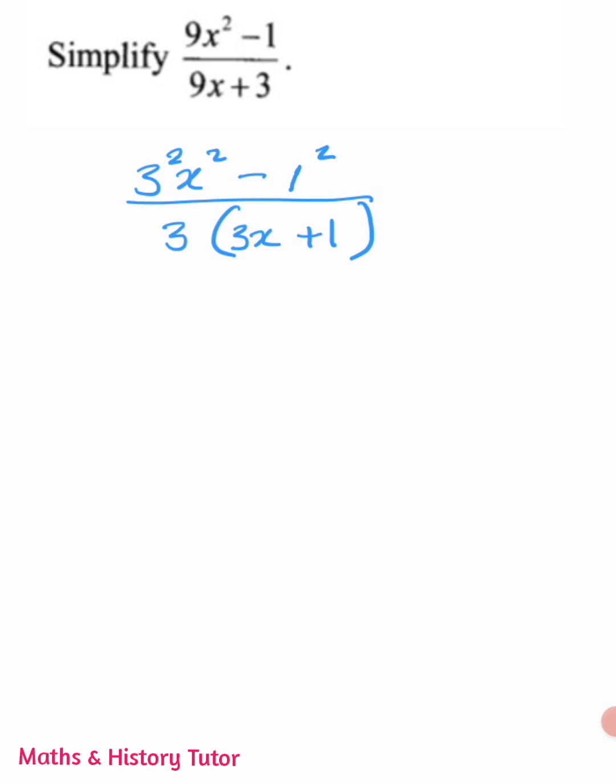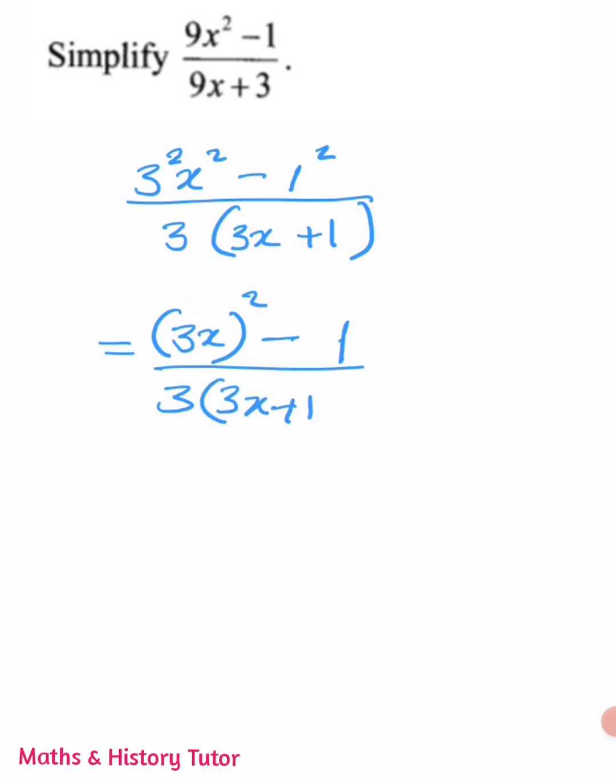Let's go ahead and simplify the top. What do we get there? So the top part, once simplified, will become (3x) in brackets squared minus 1, over 3, open bracket, 3x plus 1. All right? So how did I simplify this to 3x in brackets to the power 2?